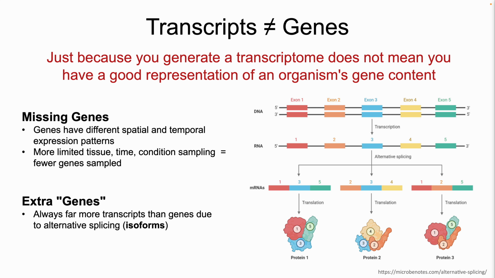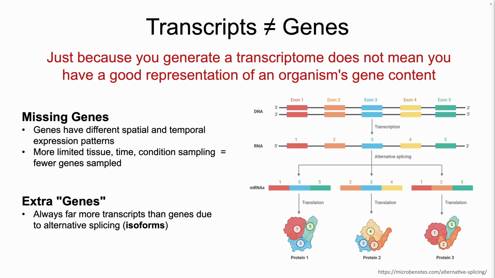The extra layer of problem here is that you could have genes that are completely missing from your transcriptome because you didn't sample all the time points in development, or you didn't sample all the tissues in the organism, right? Not every gene is expressed all the time. So you may have versions of this gene, like transcripts, that are not present in your data set.